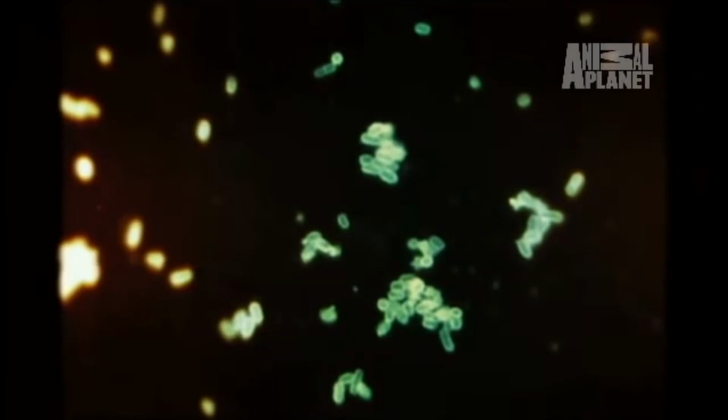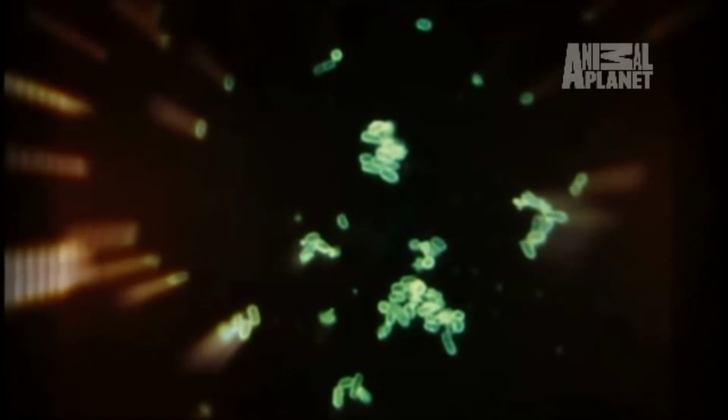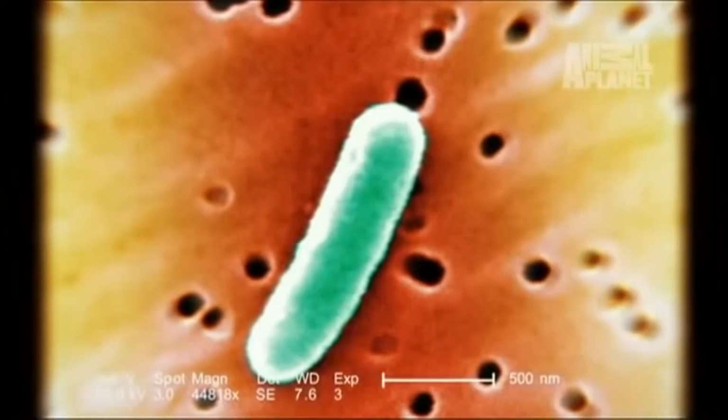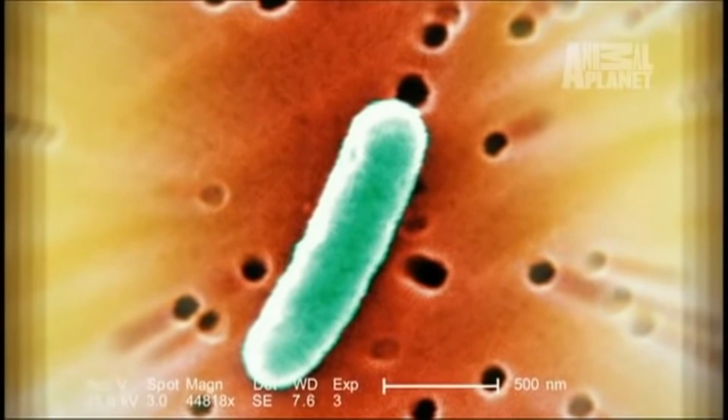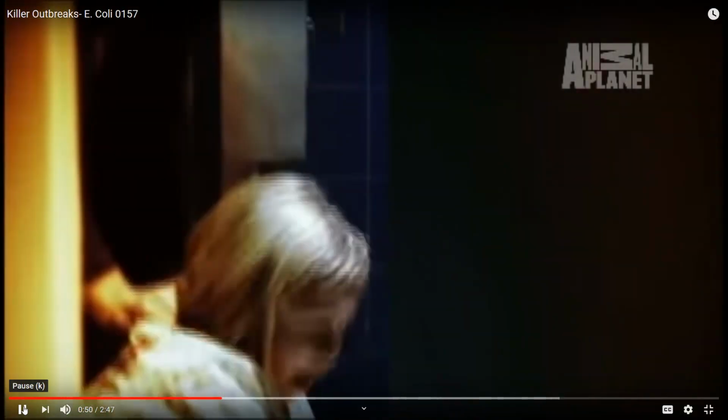And most strains are actually harmless and live in the intestines and can be beneficial to health. Some strains, though, particularly E. coli O157, can cause illness. Because this disease initially presents like any other stomachache, an E. coli O157 victim could already be in a life or death situation.